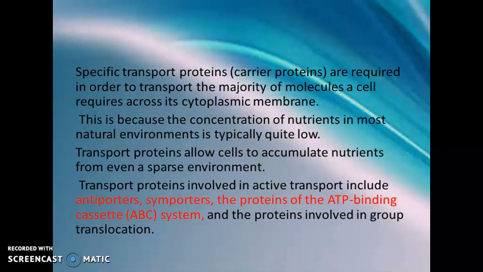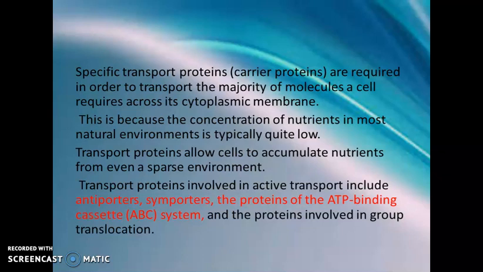Specific transport proteins or carrier proteins are required in order to transport the majority of the molecules a cell requires across its cytoplasmic membrane. This is because the concentration of nutrients in most natural environments is typically low.